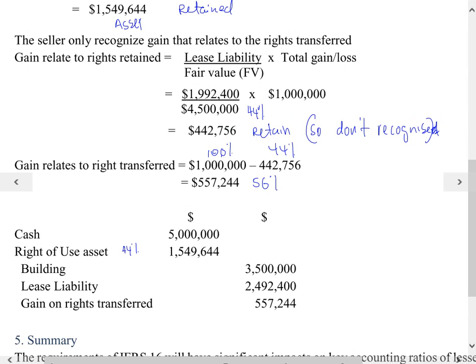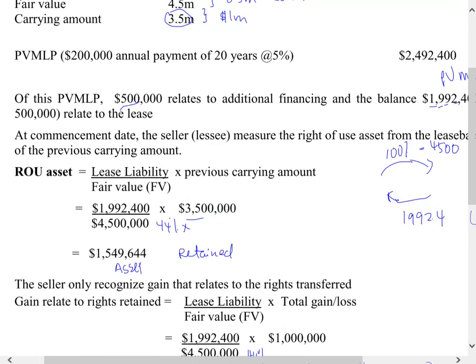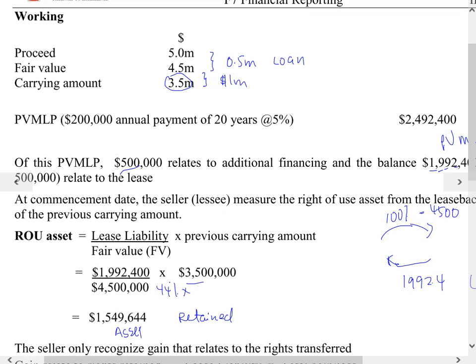And I credit, because I dispose of, I credit off my original 3.5 building. I'll debit back 1.5. There's a gain of 5.5, gain is on the credit side, and there's a lease liability of 2492 there.